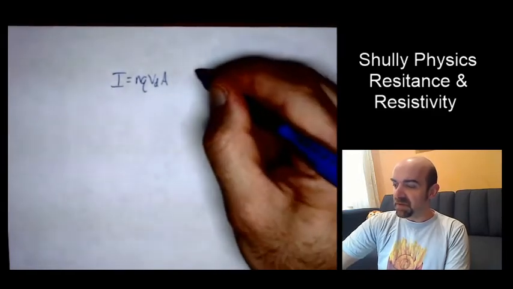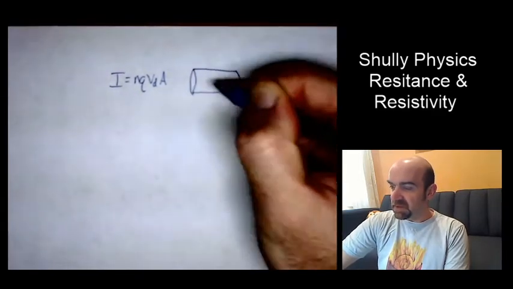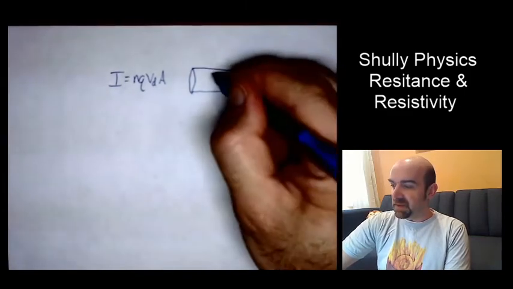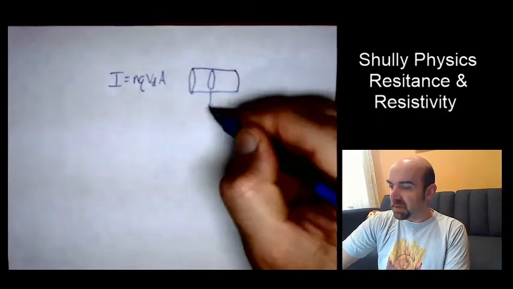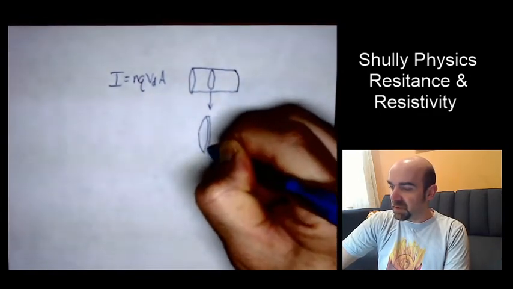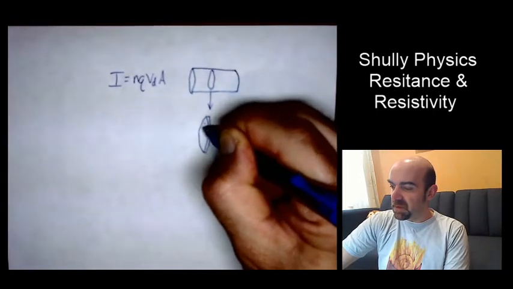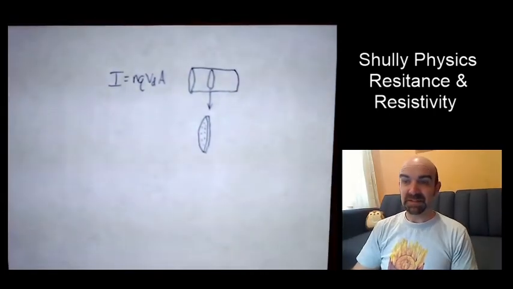That's in the scope of looking at a section of a conductor and taking a little slice out of it. So we're thinking about the electrons as they pass through that little slice.